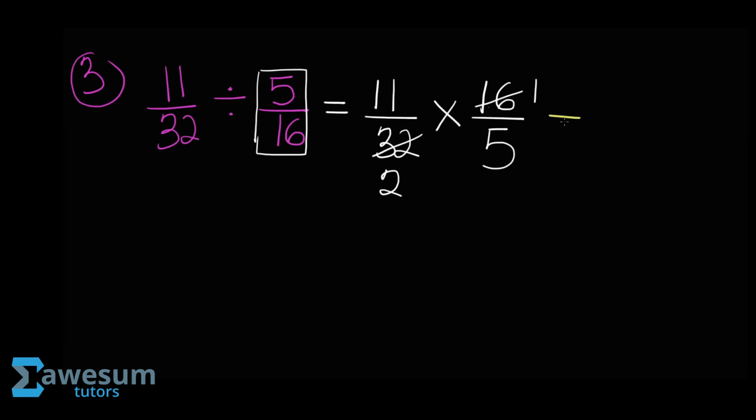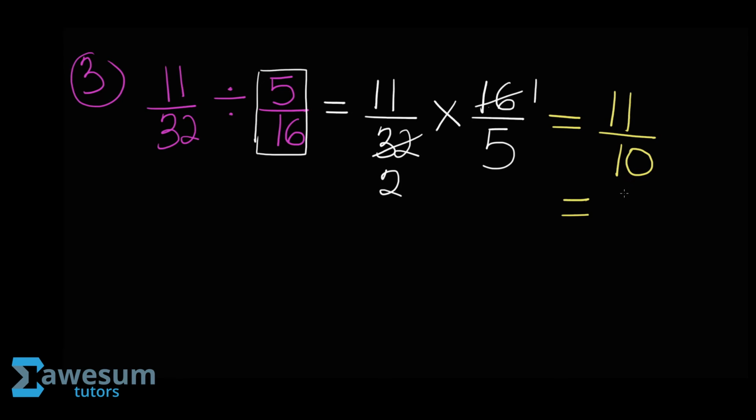What is the next thing? Is there any other thing that can divide? No. So I will multiply out. 11 times 1 is 11 over 2 times 5 is 10. Very good. If you take a look at this, you realize this is an improper fraction which you can convert to a mixed fraction.